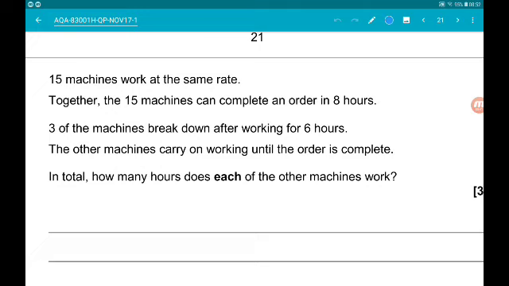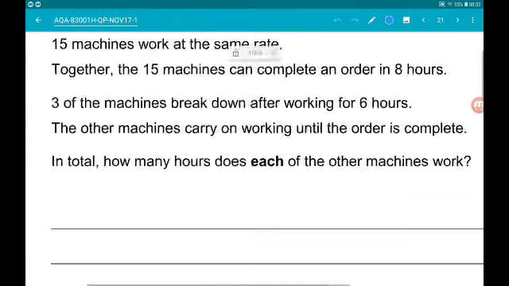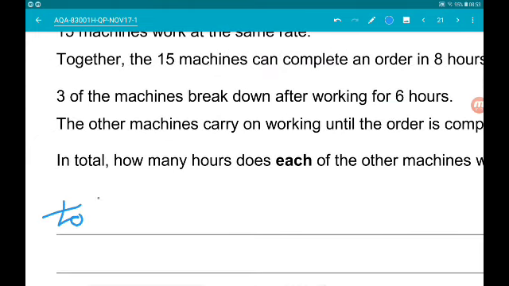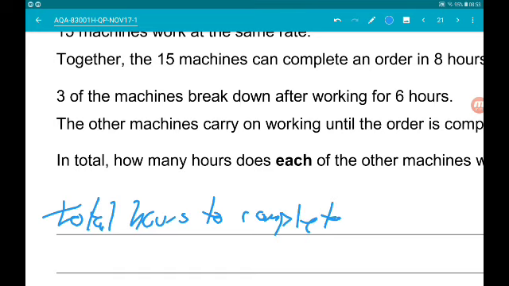Okay, so let's think about this. The 15 machines together take 8 hours to complete an order. So from that we can work out the total number of hours of work it takes to complete the order.